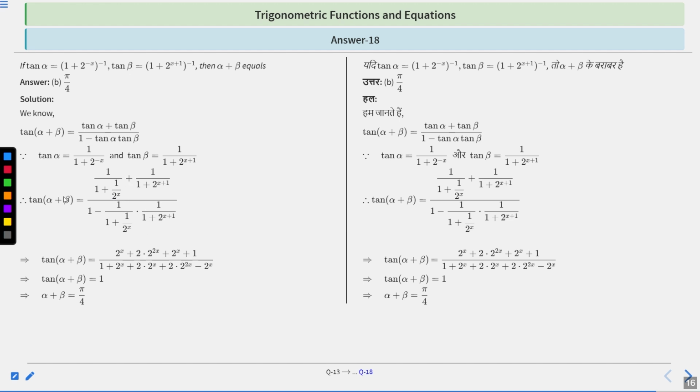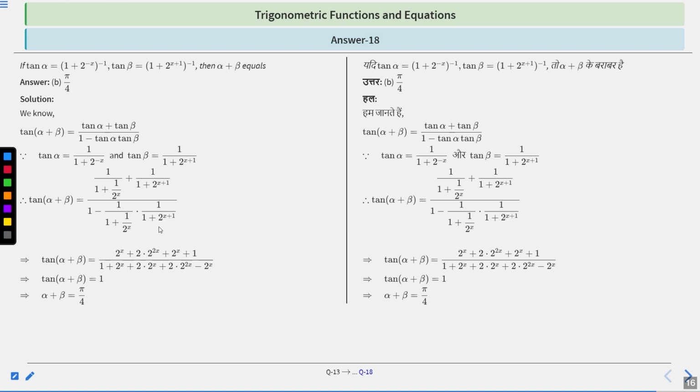Right? Therefore, tan(alpha plus beta) will be tan alpha plus tan beta upon 1 minus tan alpha into tan beta. Therefore, it can be written as 1 upon 1 plus 1 by 2 to the power x plus 1 upon 1 plus 2 to the power x plus 1, upon 1 minus 1 upon 1 plus 1 by 2 to the power x into 1 upon 1 plus 2 to the power x plus 1, right?